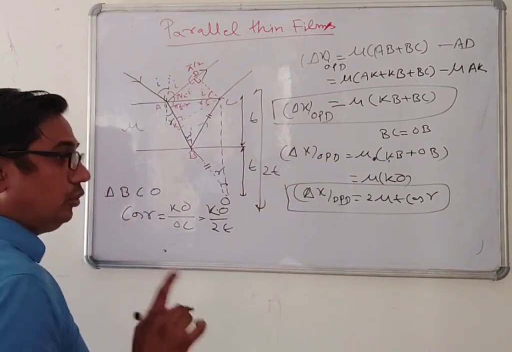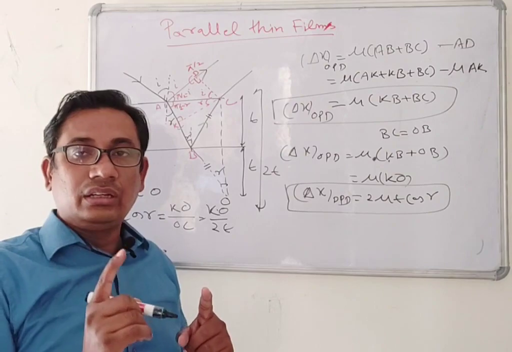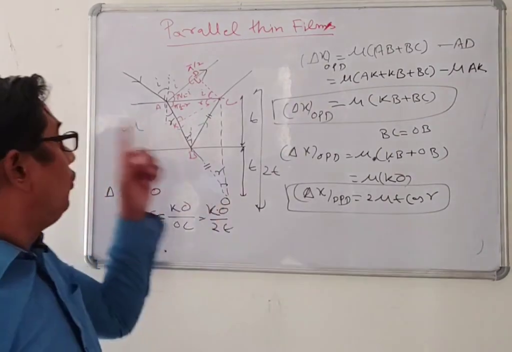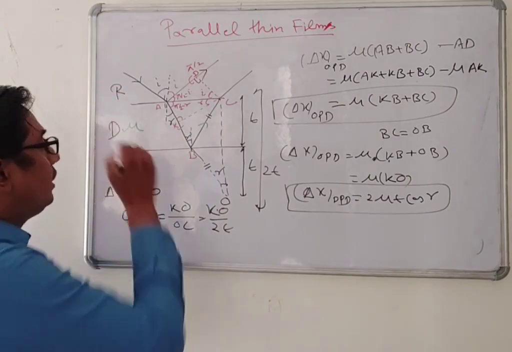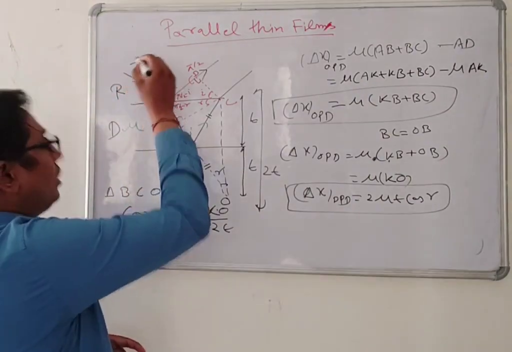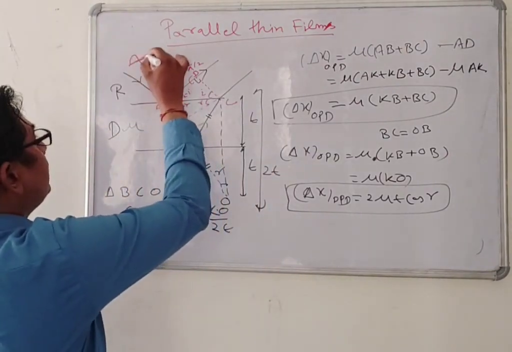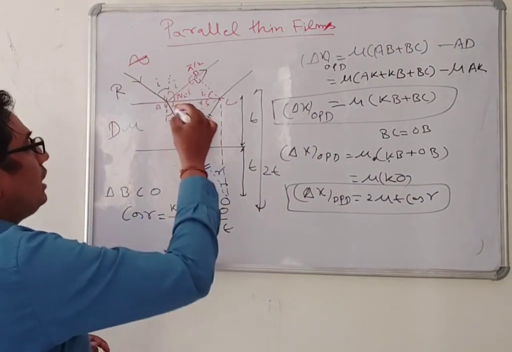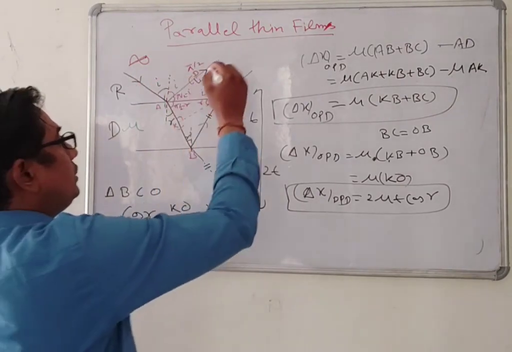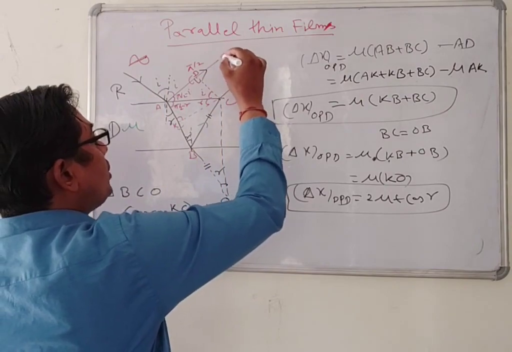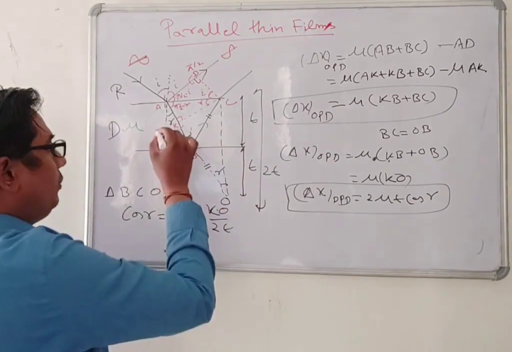But you know very well, we have already discussed in a previous lecture that when any light is incident from rare to denser, suppose this is the incident light, the reflected light changes the phase. In case of transmission, it will not change.